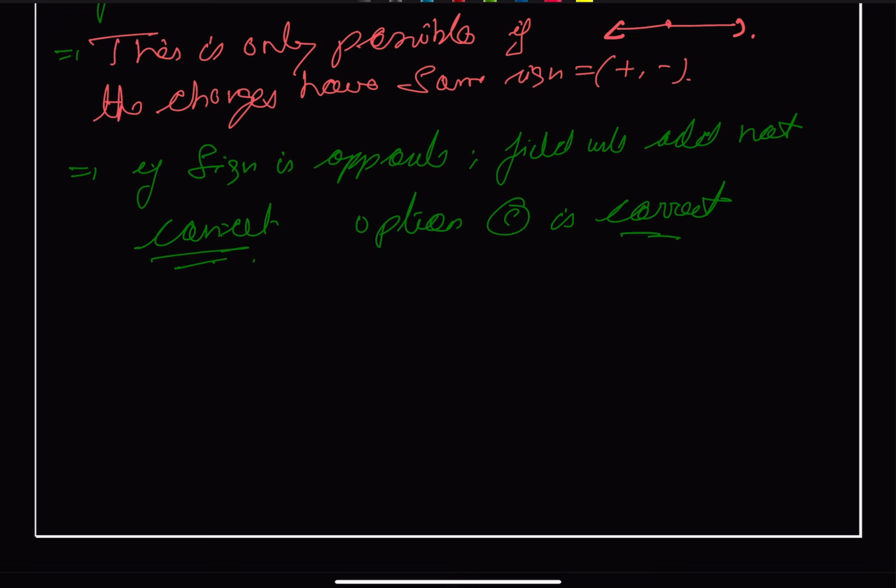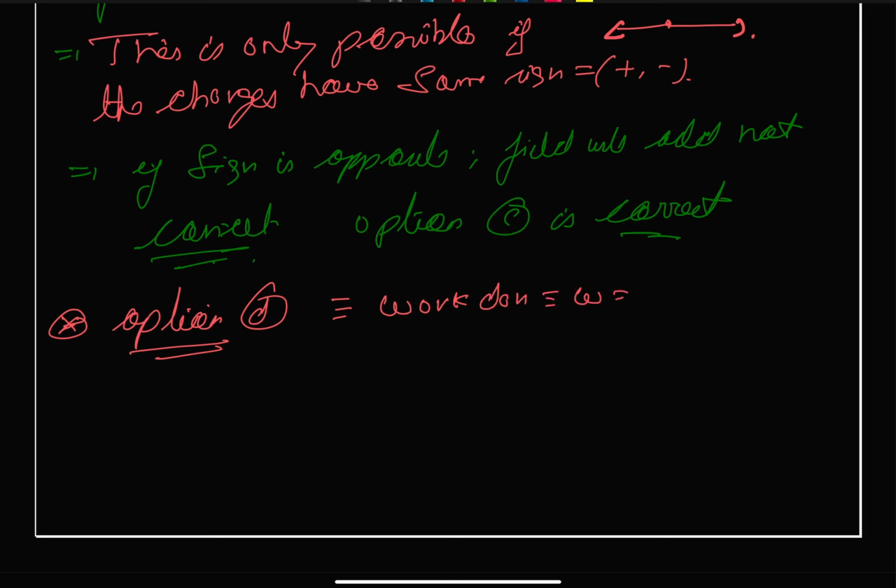And we need to find the work done. So the formula for the work done is quite straightforward. For option D, work done W is our charge multiplied by the potential difference between the two points.